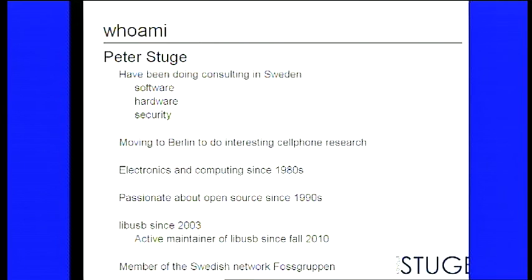I started looking at libusb in 2003 because I was doing a training session for engineers, marketing, executives, and one more group of people in the same seminar, and that didn't really work out so well. But anyway, I got into USB because I thought this is a really neat technology. Since this fall, I'm now the active maintainer of libusb. I'm also a member of the Swedish open source network FOSS-gruppen.